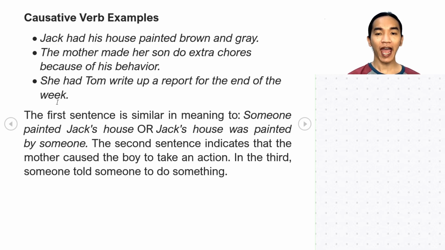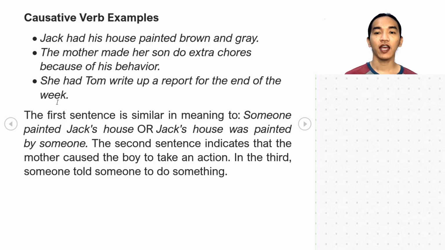Okay, Jack had his house painted brown and gray. So, how do you understand this sentence? Of course, someone else painted Jack's house. So it means Jack probably paid them, convinced them, requested them, or forced them to paint his house brown and gray, okay?